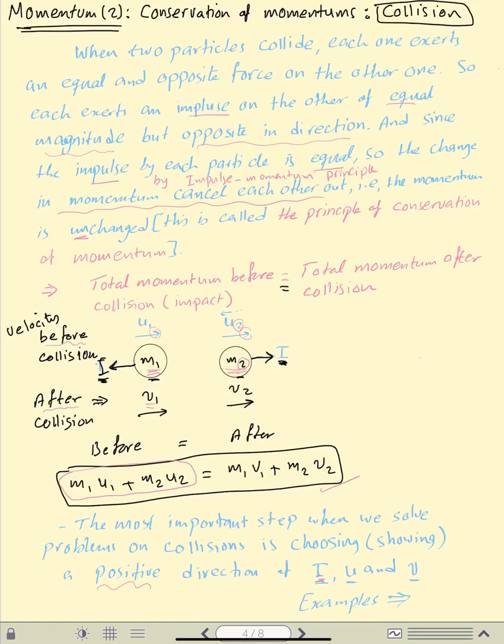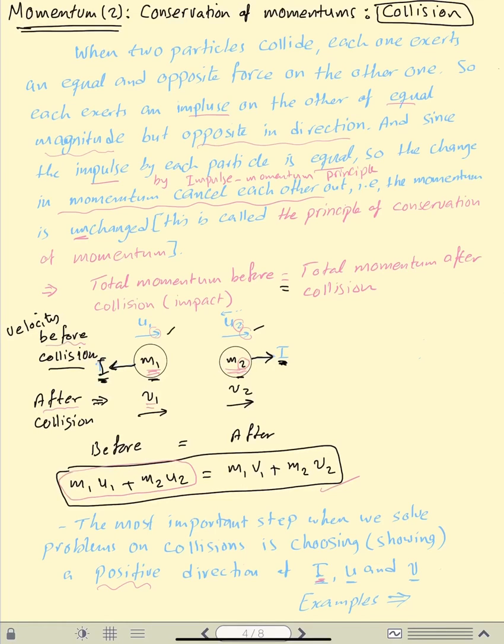So for example, these two particles collide in the same direction in this diagram. U1 is the speed or velocity of the first particle before collision. U2 is the velocity of the second particle before the collision.